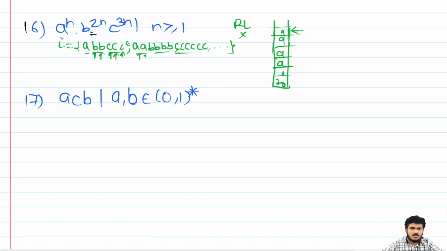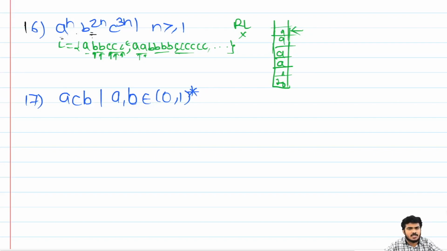But in the previous class we discussed that we want a finite automata or PDA, or machine, such that the machine should accept a language, not a string.